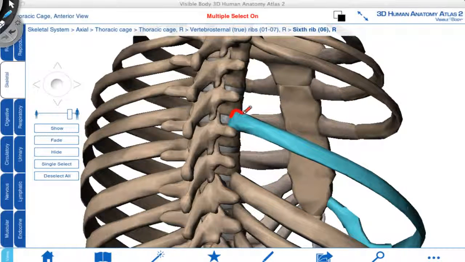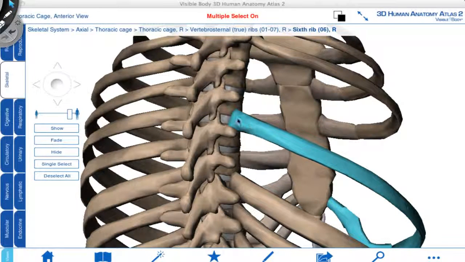Here we have the superior articular facet, and down here is the inferior articular facet, or would be here. The superior one articulates with the inferior costal facet on the vertebra above it, and the inferior articular facet articulates with the superior costal facet that has the same specific number as the rib.